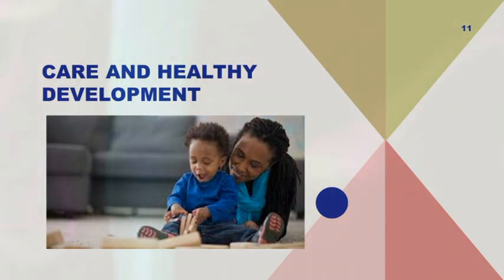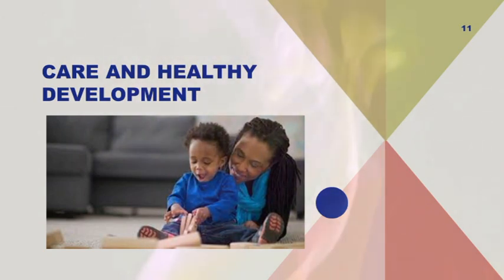Secure attachments, characterized by responsive and nurturing caregiving, provide children with a sense of trust and safety and security in their relationships. And these early experiences lay the foundation for healthy emotional regulation and self-esteem and the ability to form secure attachments with others in their life.